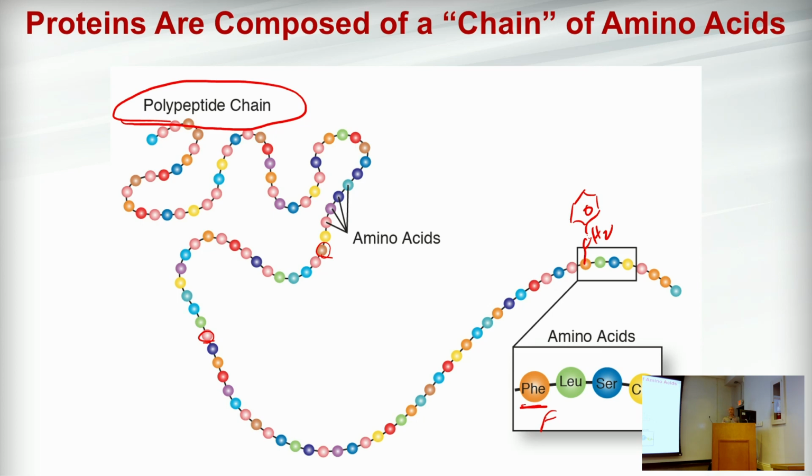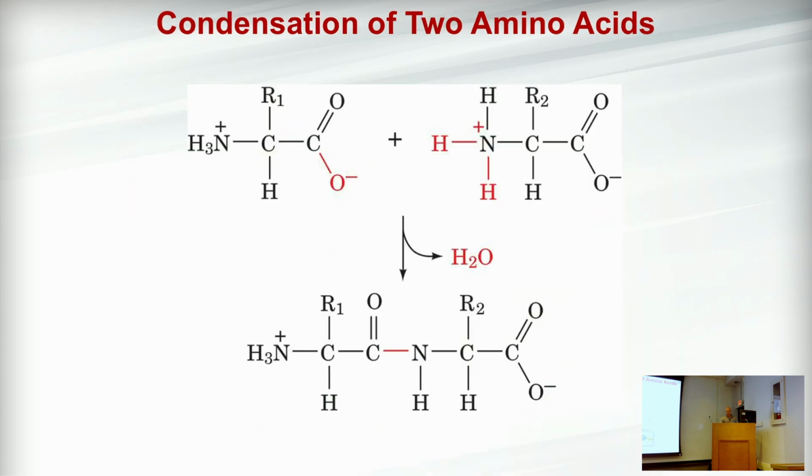So, how do we form these bonds between these amino acids? Well, if you go into any biochemistry textbook, it will tell you that there is a condensation reaction. We have 2 amino acids. Here's the amino group, here's the carboxylic acid group, here's the side chain.